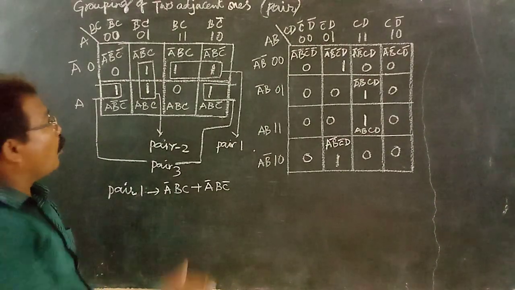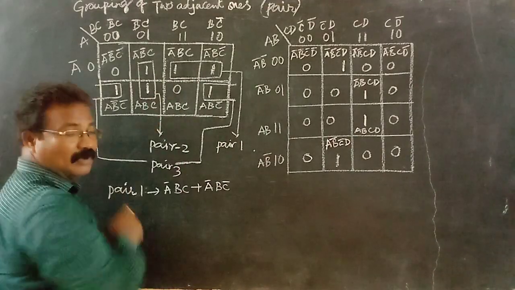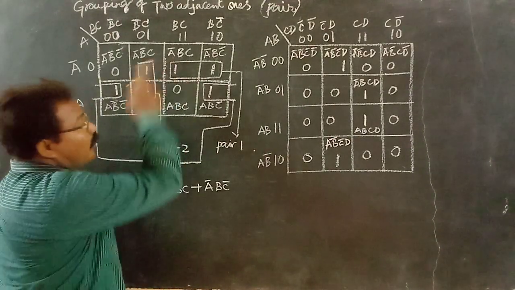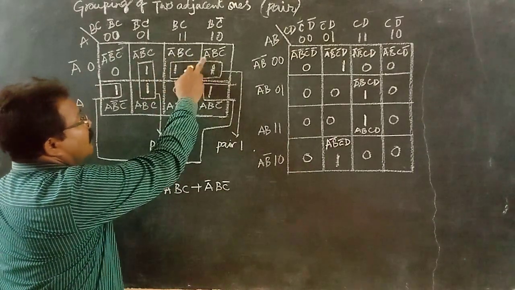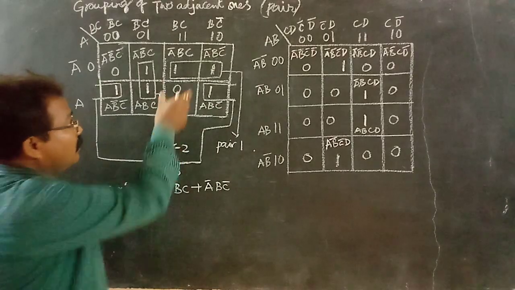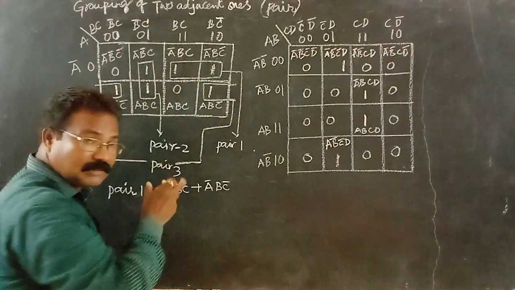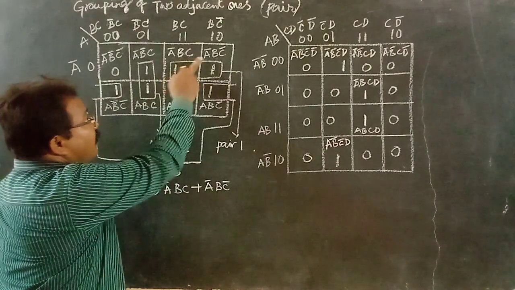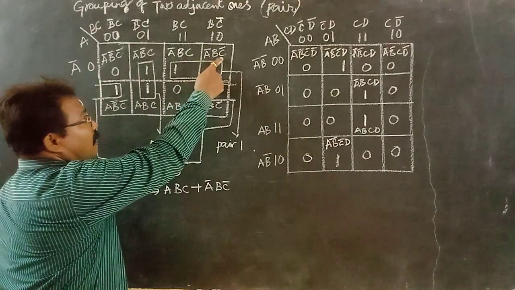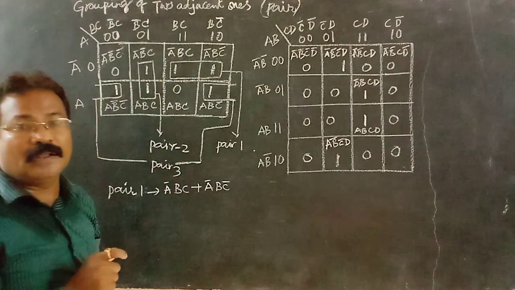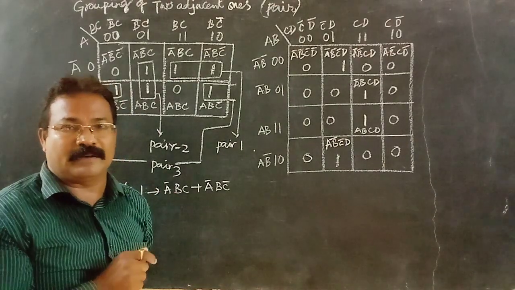While observing these two minterms, the two variables are common here. A bar B is common, A bar B is common. While observing the two minterms, it is very important that two variables are common, and one variable, see here it is C bar, is different. One is normal and the other one is its complement.